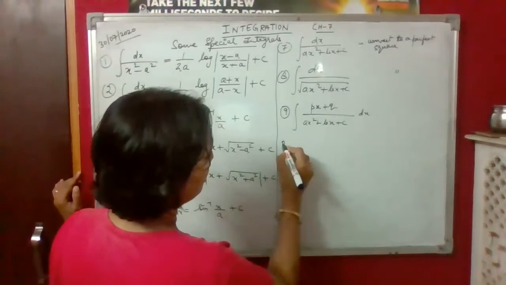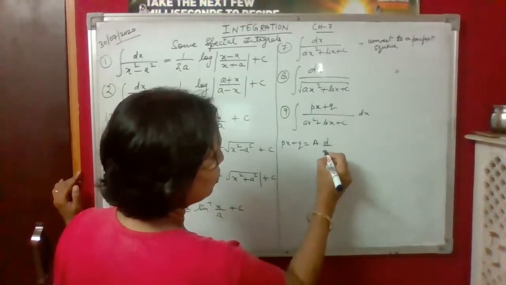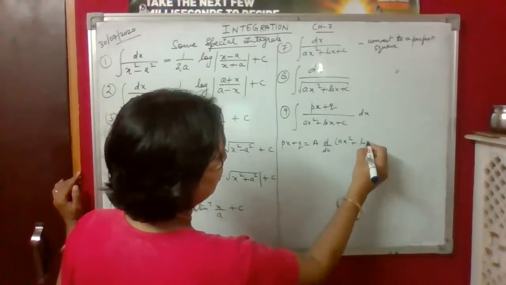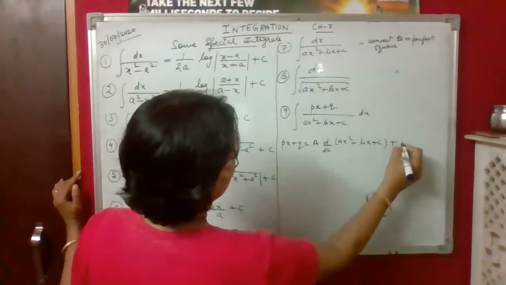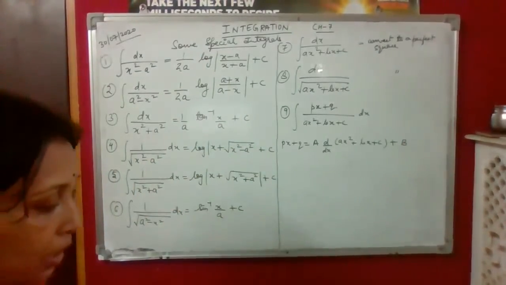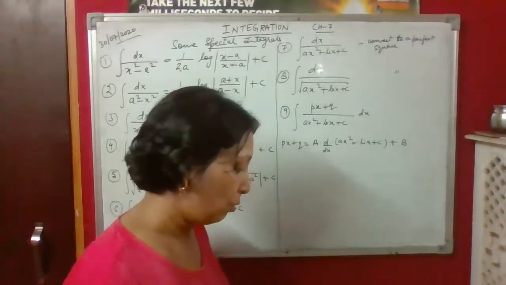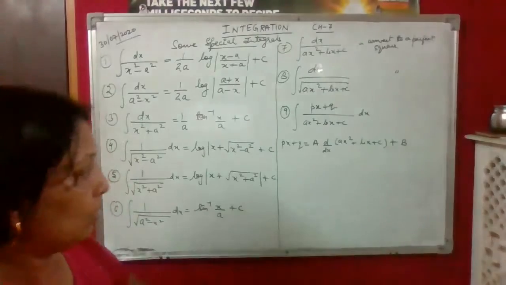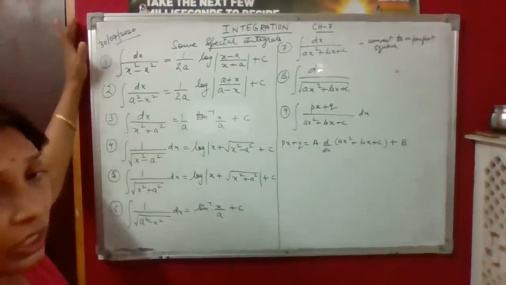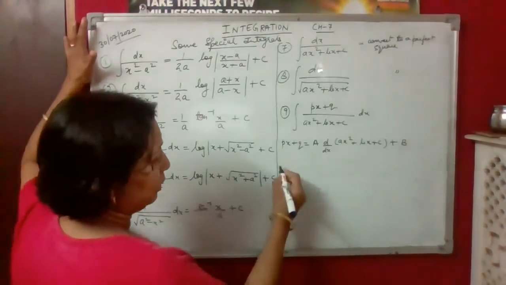We will write px plus q equal to A into the derivative of the denominator plus B, and then we will determine A and B from here. After that it will again be converted to one of these 1, 2, 3 forms, and then we can finally find the answer.